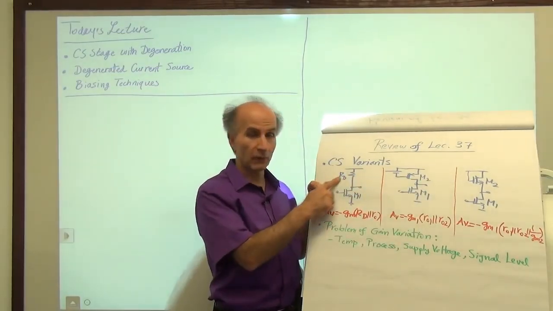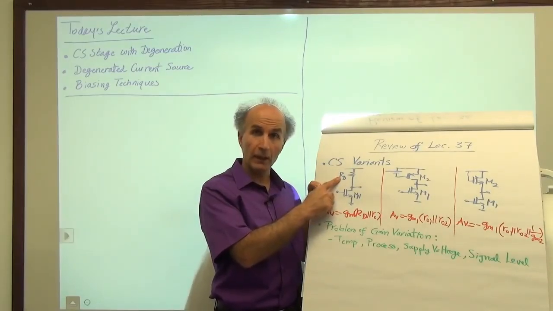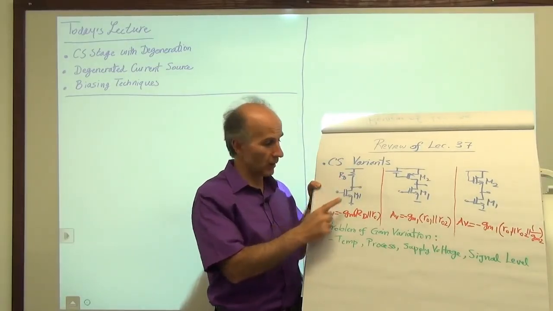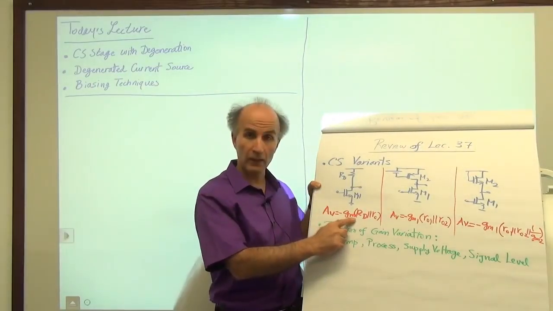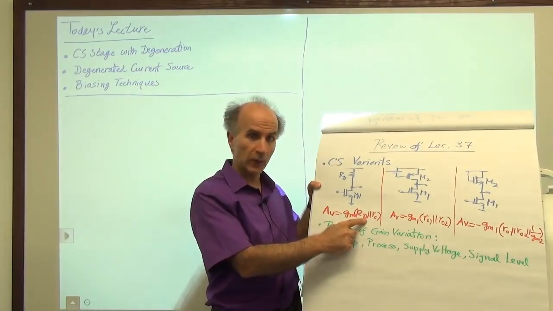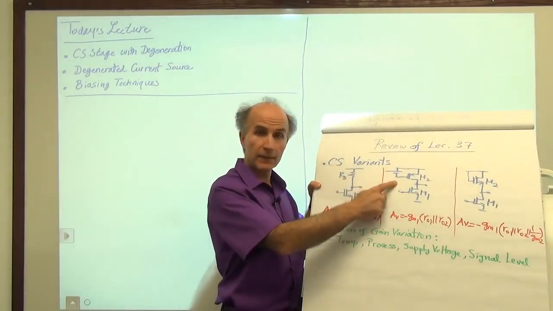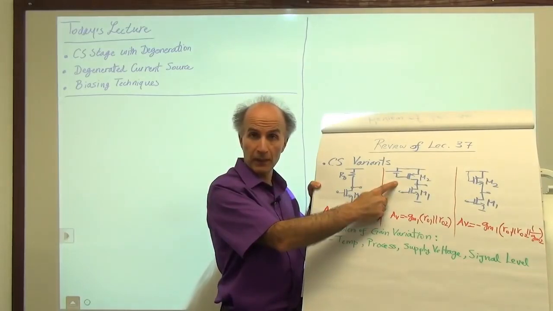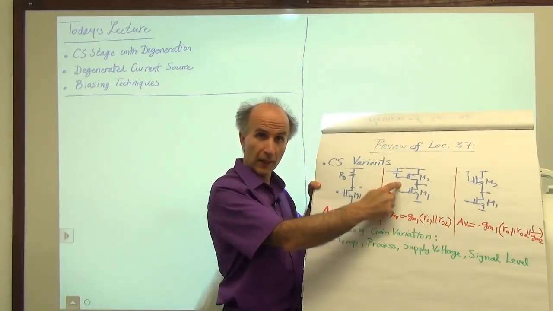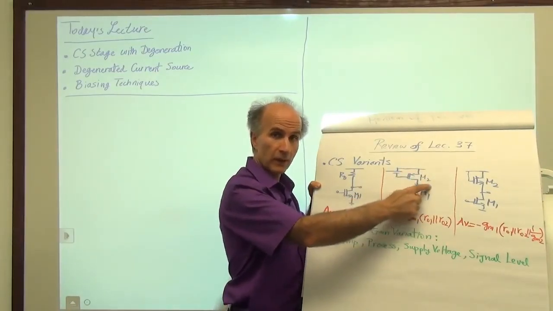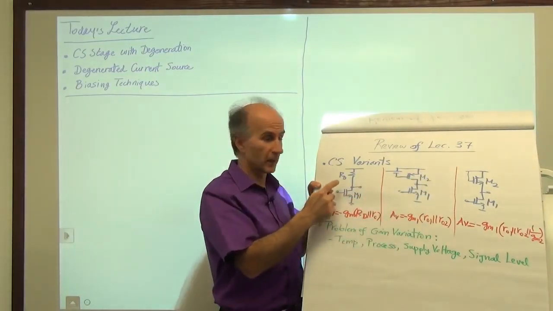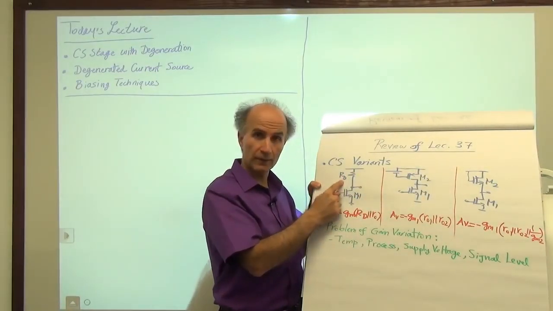With a simple resistive load, if we include channel length modulation, the voltage gain is given by this. And we can replace the resistor with something else, maybe with a current source, because we are hoping to have a higher voltage gain, meaning that we're hoping this current source will have a higher impedance than this resistor.